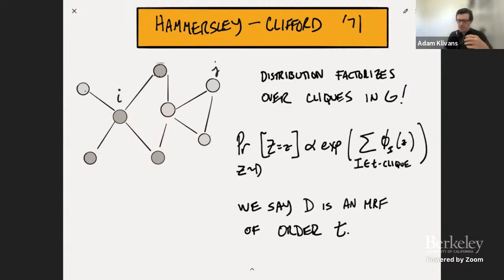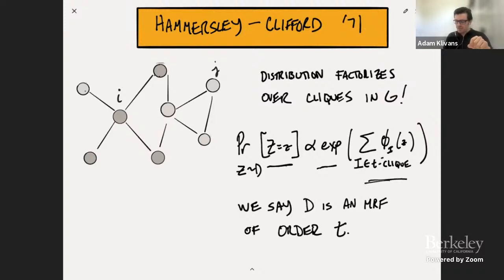So that is to say, the probability that Z equals some string little z is the product of some function over all cliques of just some function of variables within that clique. And an immediate consequence is that I can write the PDF in this relatively simple form: the probability that Z equals any bit string little z is proportional to exp raised to the power sum over all, here I've written t cliques of phi of I of z.